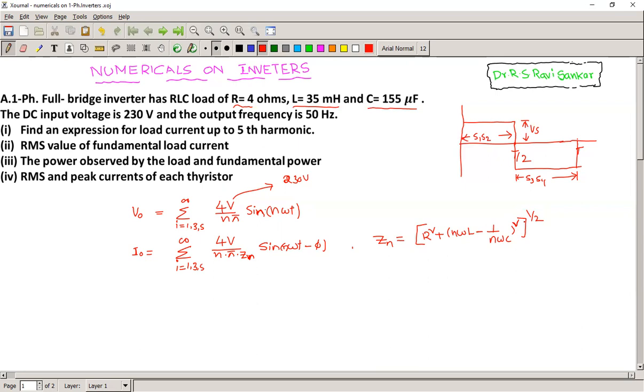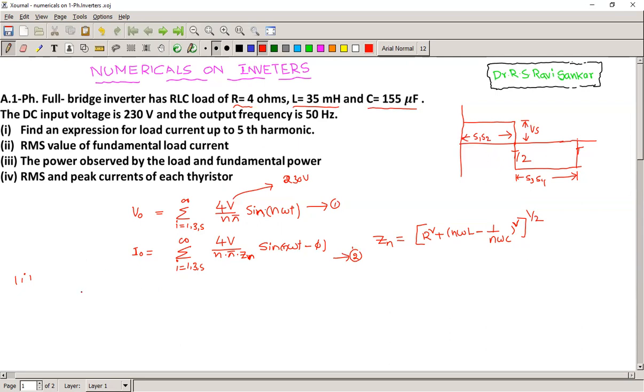But here in the first one, we have to write the expression for the load current. This is the Fourier series for the load current. So up to fifth harmonic, they are asked to find out. If you expand this expression, take it as equation 1. This is the Fourier series for the voltage. This is the current.